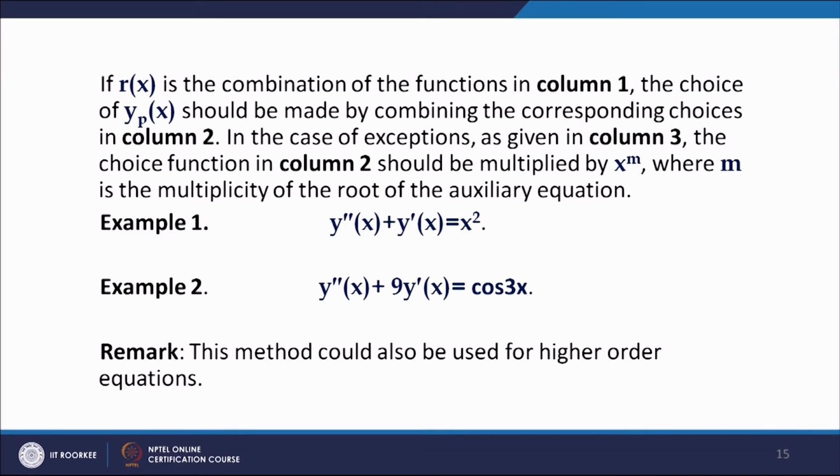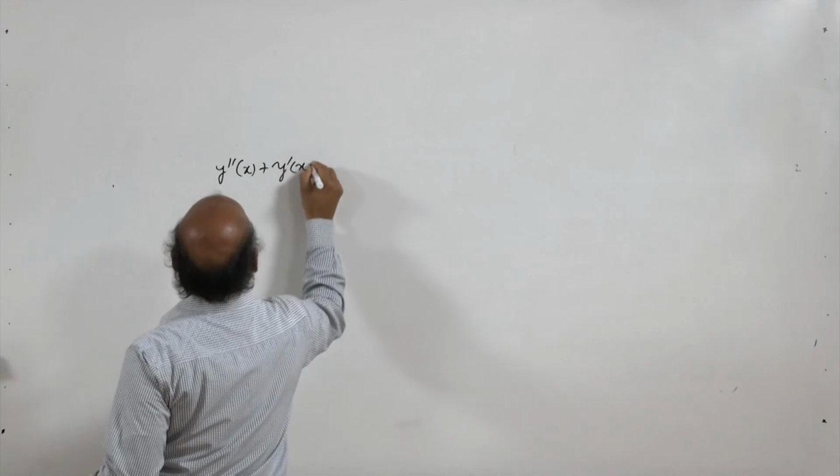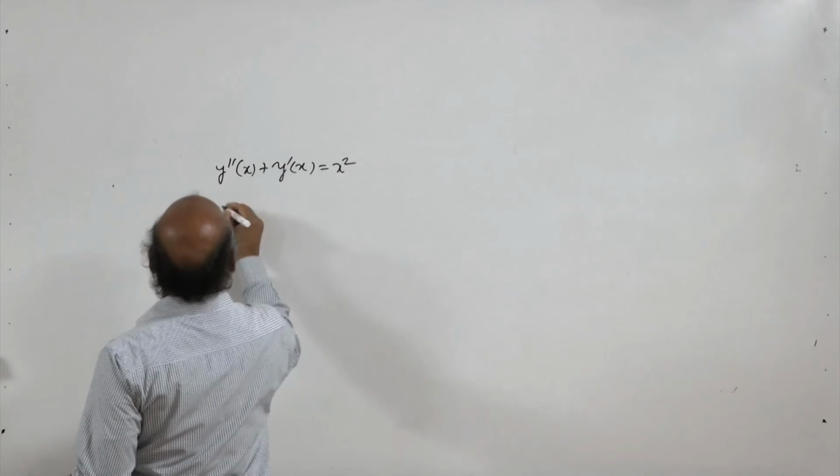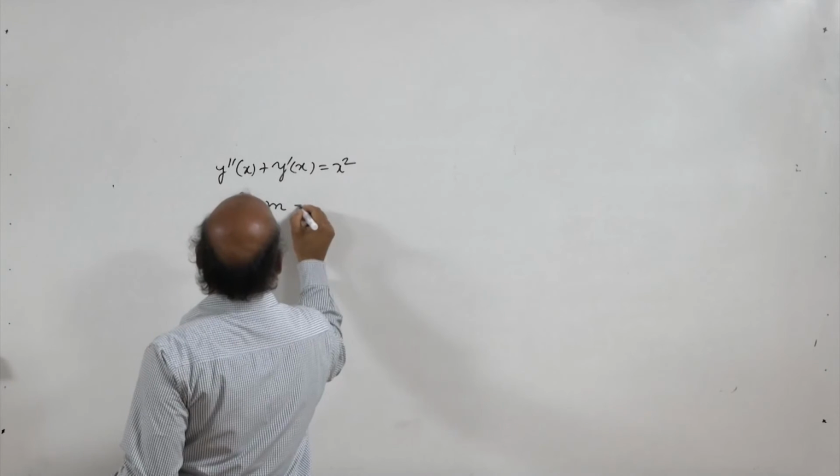Now let us take the example y double dash plus y dash equals x square. Let us see how we choose yp(x) here. So the auxiliary equation here is m square plus m equal to 0.